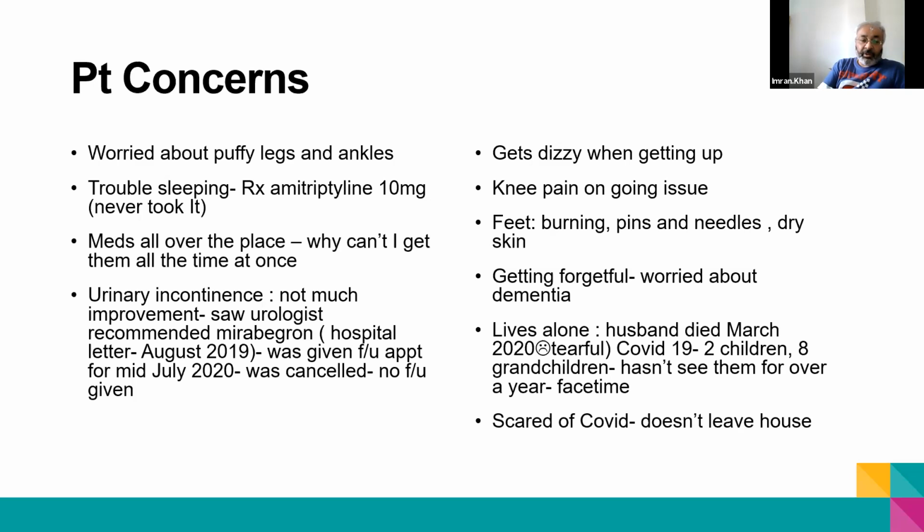And she was given a follow-up appointment for mid-July last year, but that got cancelled because of COVID. And she hasn't heard since, so she's not had that follow-up. She gets dizzy when she gets up. She's also got knee pain, both knees, which is an ongoing problem. She's getting sick and tired of that as well.